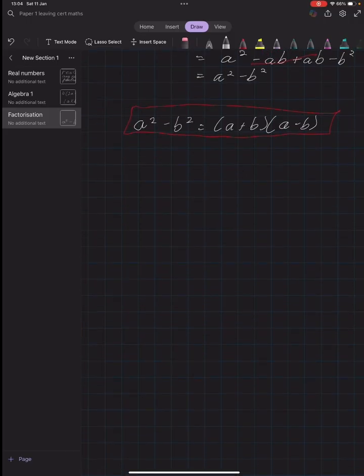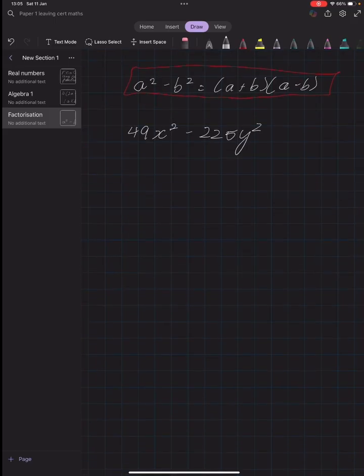So it could be something like 49x squared minus 225y squared. This is a difference of two squares, so this is equal to a squared minus b squared, which is going to be equal to a plus b and a minus b. Now the problem is, what do a and b equal?